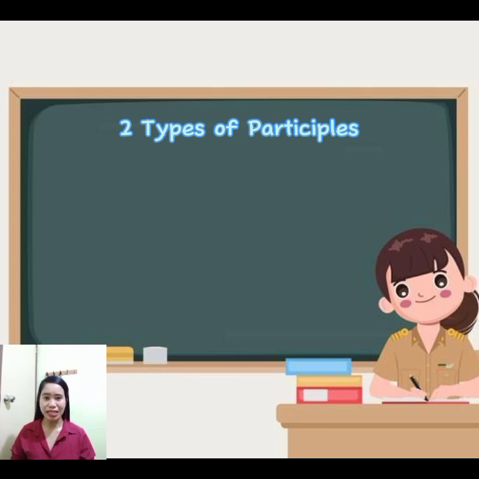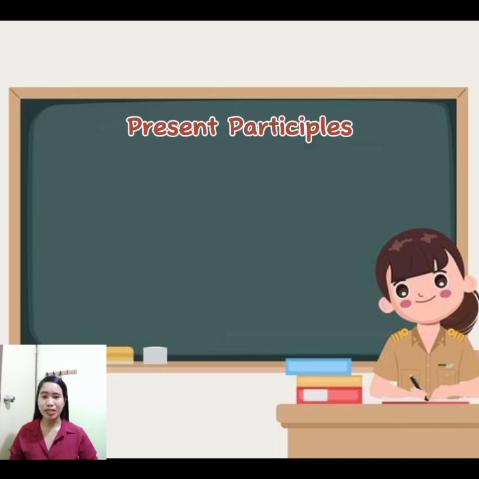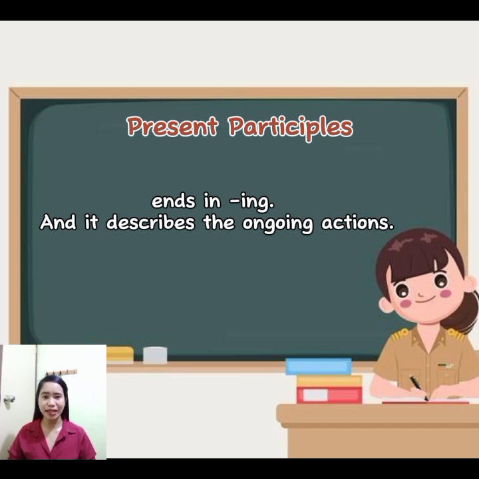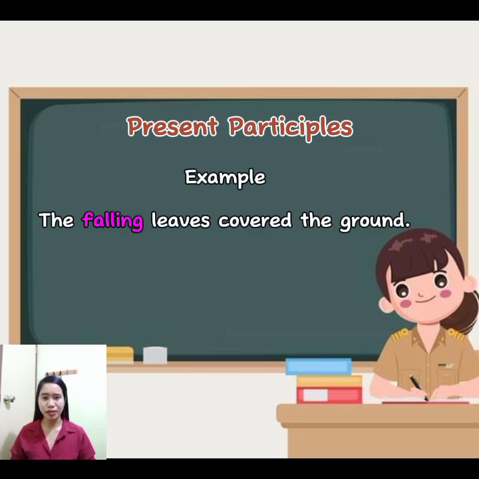The first one is the present participle, and the second one is the past participle. A present participle ends in ing and describes ongoing actions. Example: the falling leaves covered the ground. The word falling is a present participle that describes the ongoing action of the noun, which is the leaves.